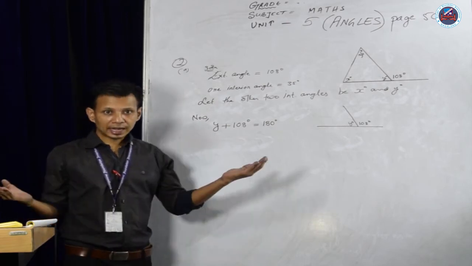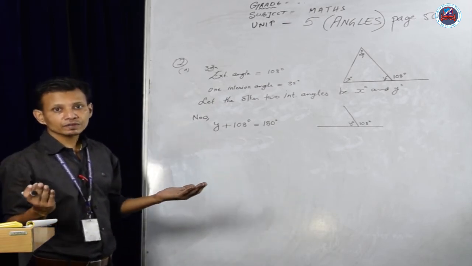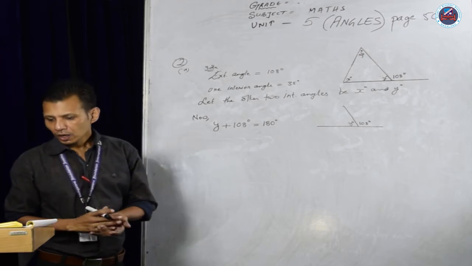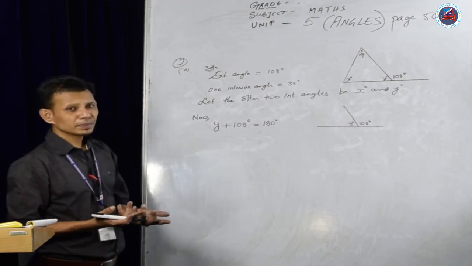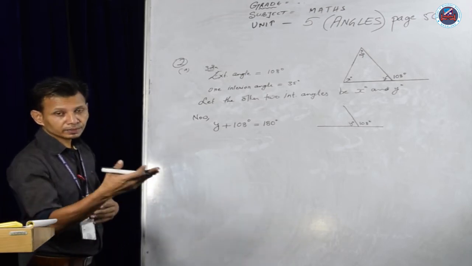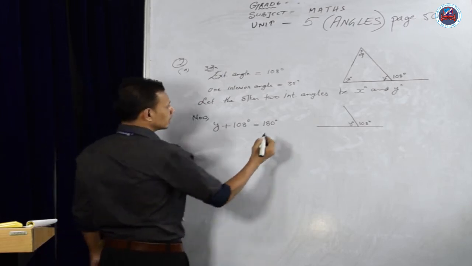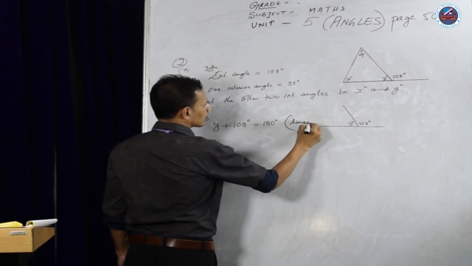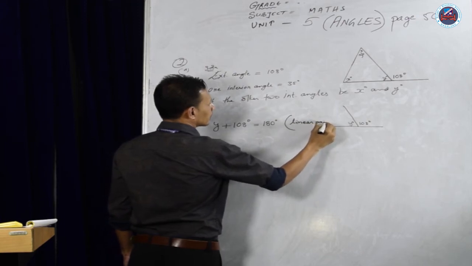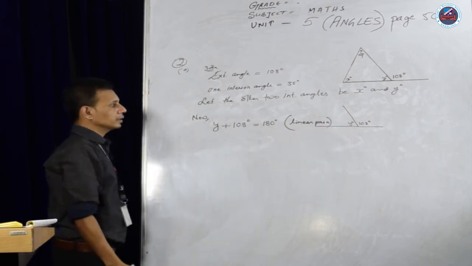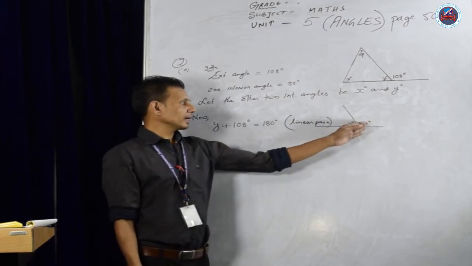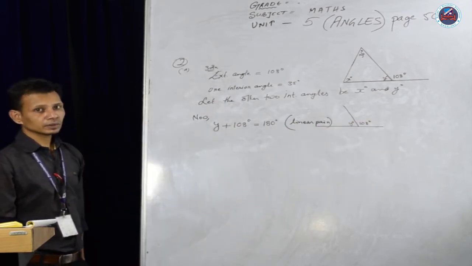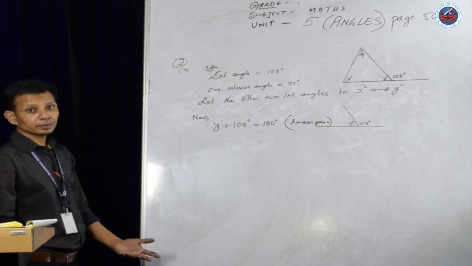It's a straight line. Sum of the angles on a straight line, or we can say linear pair also. I gave it in my PPT, please go through it. This is happening by linear pair. In a straight line, when two angles add up to 180 degrees, it is the angle on a straight line or linear pair.